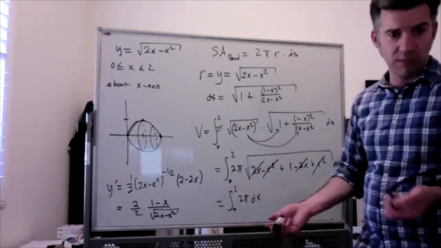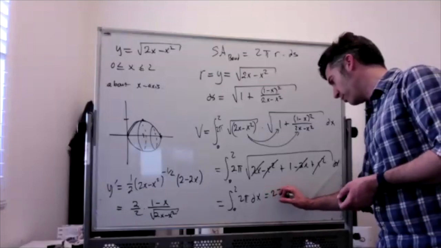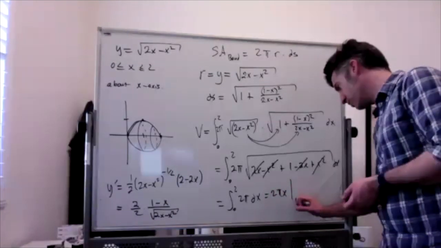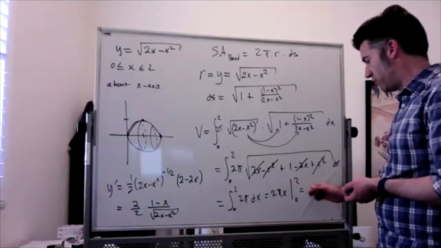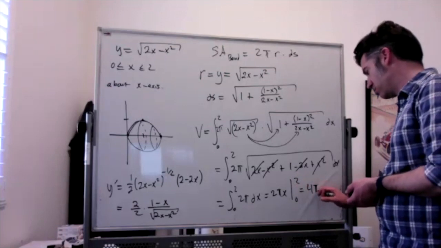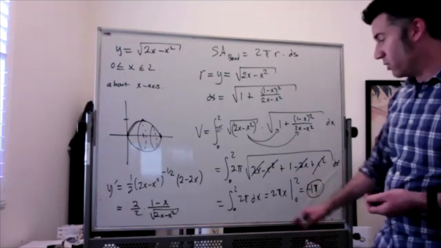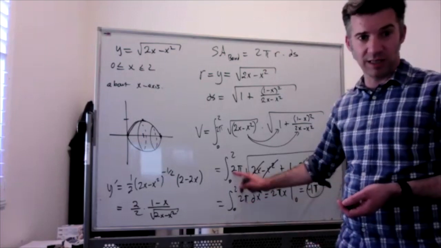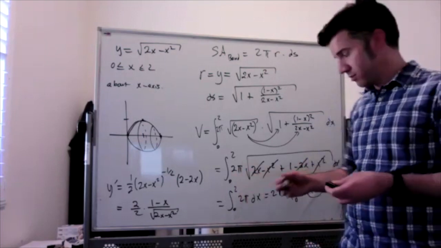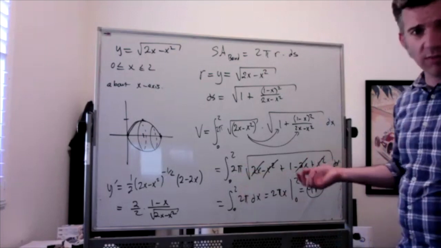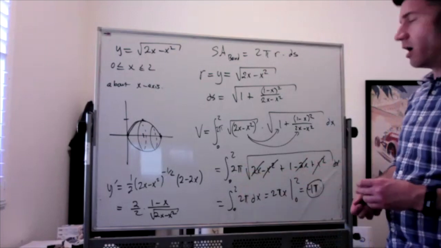So you could say, okay, it's 2 pi x from 0 to 2, which is 2 pi times 2 minus 2 pi times 0. Or you could just say, when you integrate a constant, it's just the constant times the length of the interval. That was a pretty cool problem. Worked out very nice.